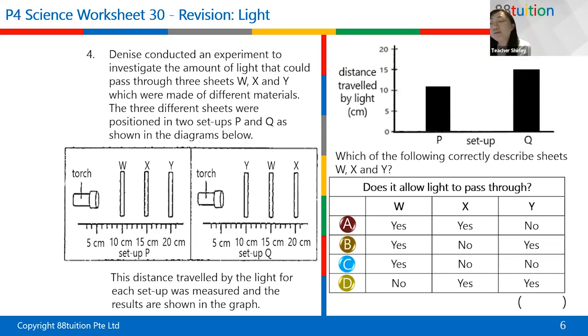Someone, I think Chavi, said D is the answer. Let's check whether D is the answer. If you notice, at setup P, it only traveled till roughly about 10 cm.